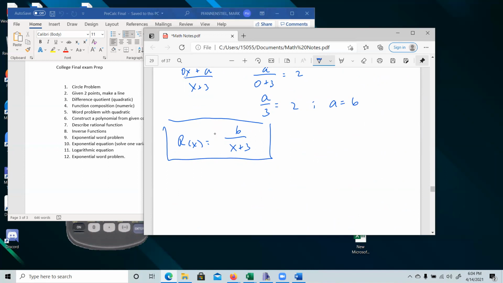Maybe one more, and I'll do this one so it's kind of tame as well. Why don't we do one very similar to that one? We'll say there's a vertical asymptote at x equals -2. There is a horizontal asymptote.